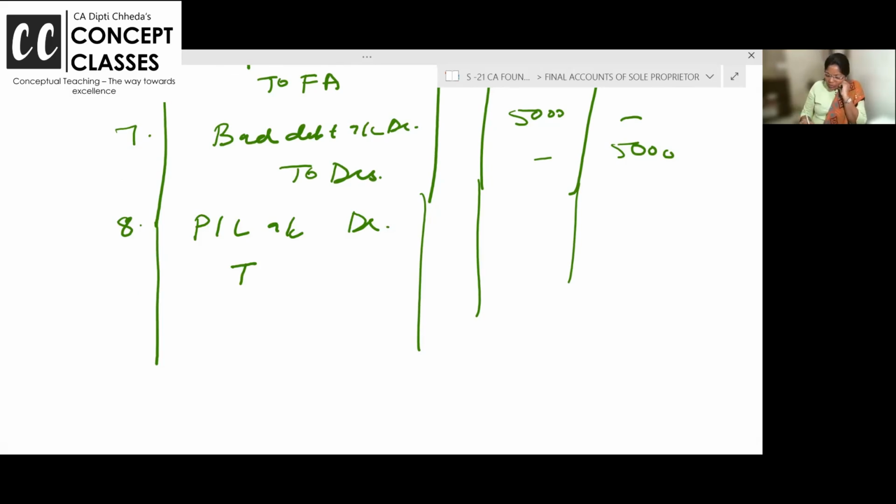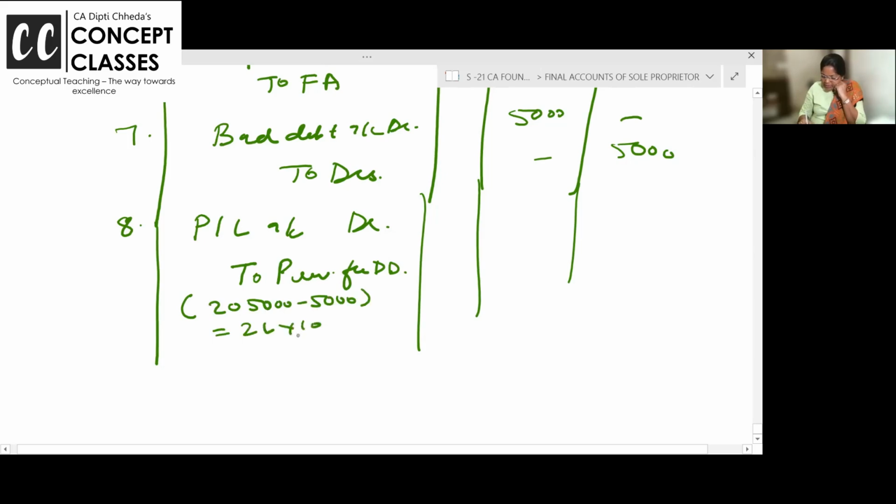So P&L account debit to provision for doubtful debts, 10%. Now what were your debtors? 2,05,000. Out of that, 5,000 became bad debt. So on 2,00,000, 10% provision you have to make, 20,000.